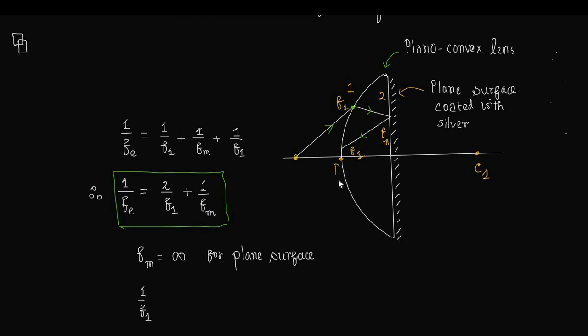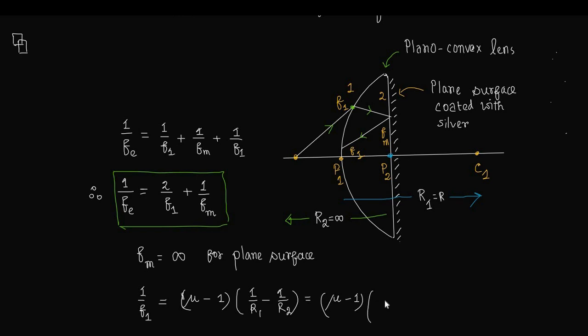If we consider pole P1, and C1 is the center of curvature of the first refracting surface, R1 will be the radius of curvature of the first refracting surface. R2 is infinity because the second refracting surface is a plane surface. So we get 1 by f1 equal to (mu minus 1) into (1 by r1 minus 1 by r2), which is (mu minus 1) into (1 by r minus 1 by infinity), where r1 equals r.